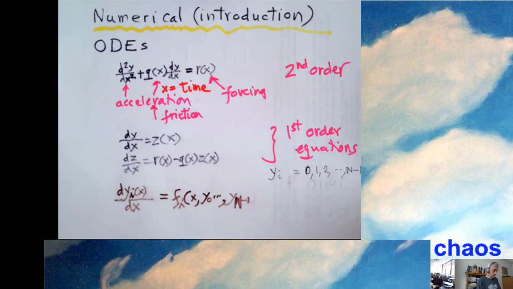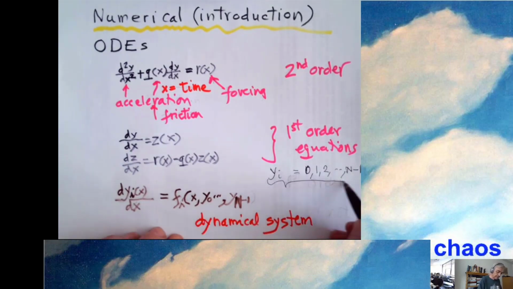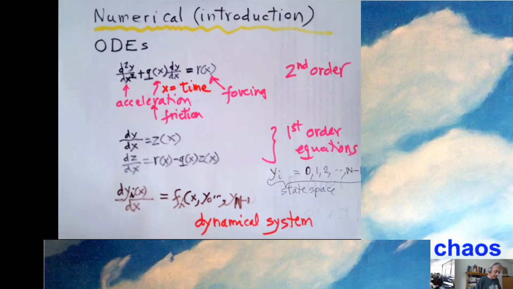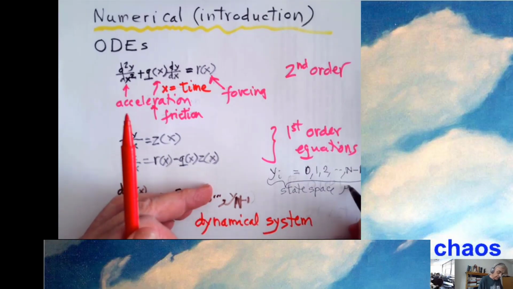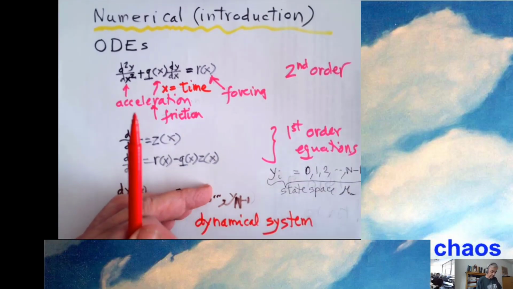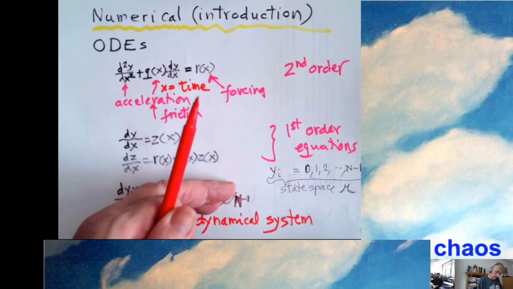So this is what a book like the one we are studying right now calls a dynamical system. It has the state space, which is all possible values of these states. And then it has the law. We call this a manifold in general, but right now it looks very Cartesian.